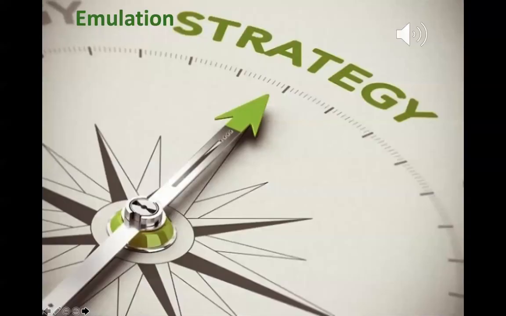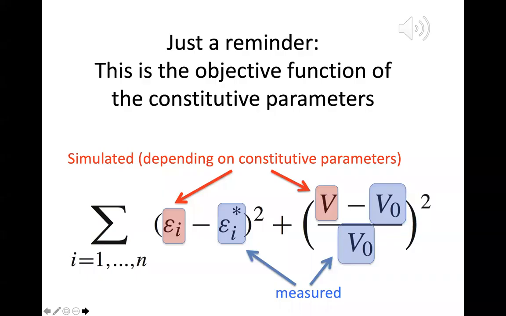And we have two different emulation strategies that we can follow. Just a reminder that our objective function, which means the function that we want to minimize, is a residual sum of squares over 24 circumferential strains and the left ventricle cavity volume at end of diastole.